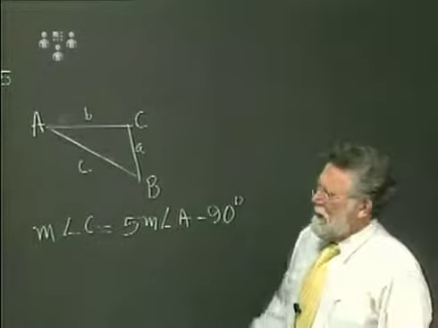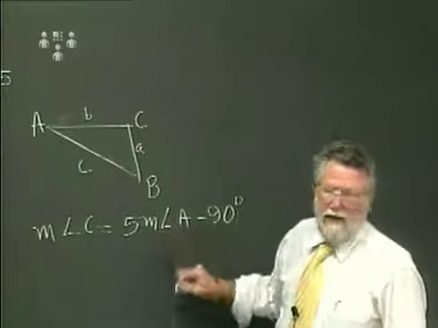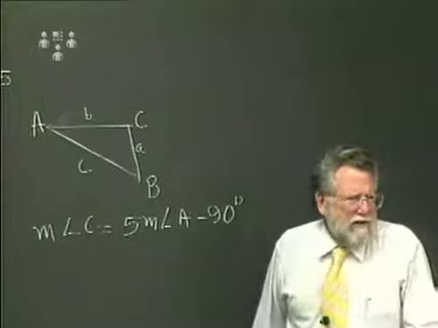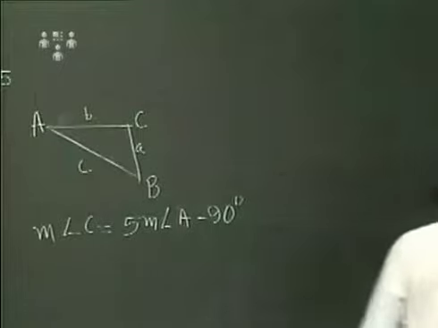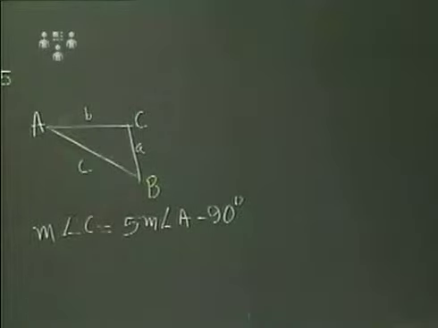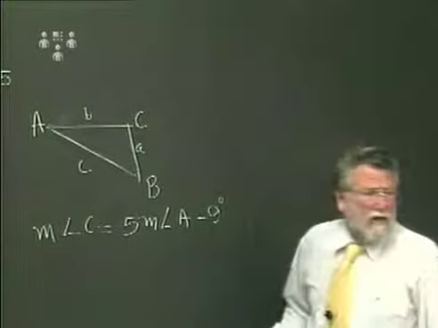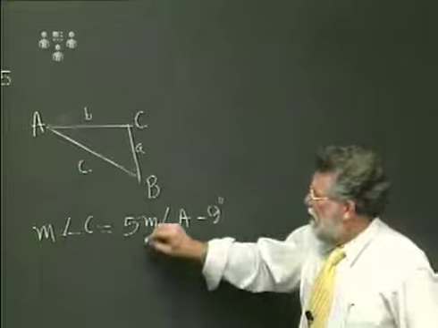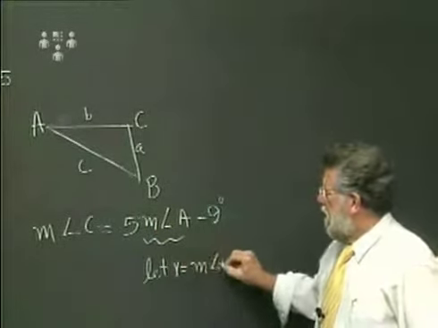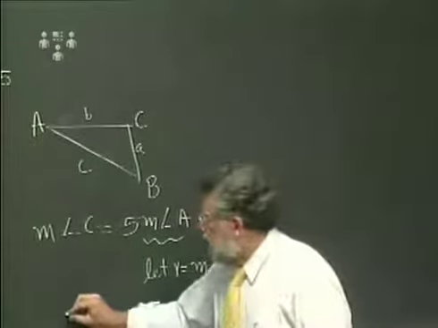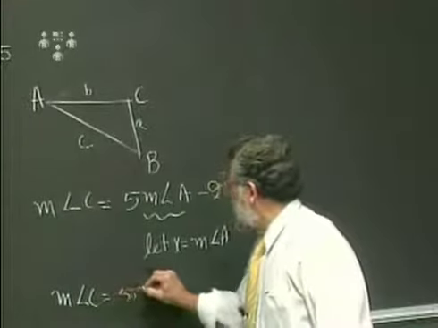So the measure of angle C is 90 degrees less than 5 times the measure of angle A. Now, with this, I would probably let x be the measure of angle A. So that means I can say now that the measure of angle C is 5x minus 9.